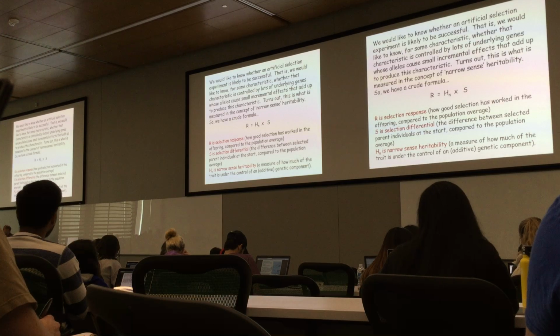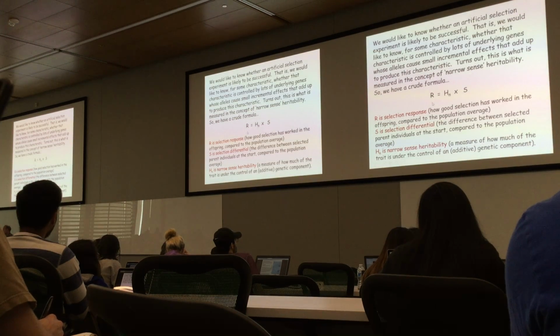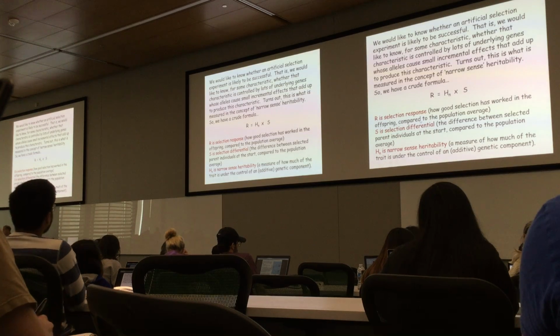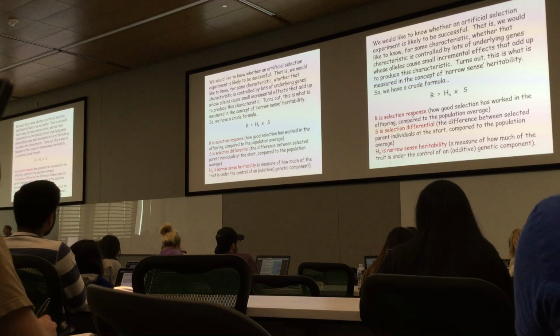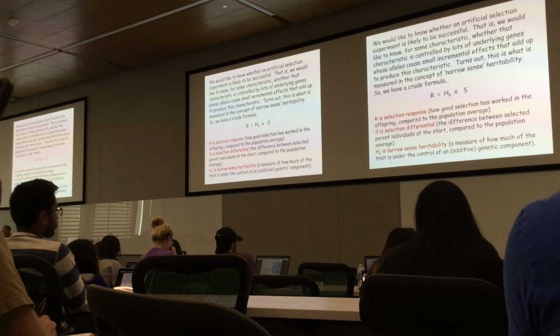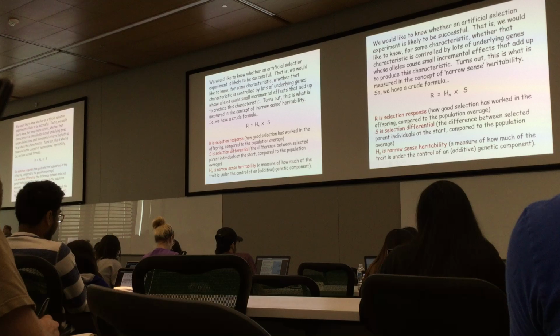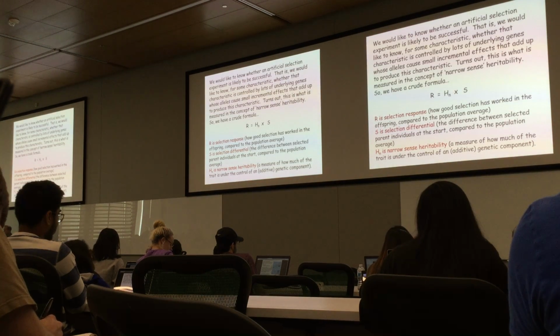We'll use this narrow sense heritability value to try to get an idea what is happening in an artificial selection experiment. And we have this simple equation that has these three terms. R is the selection response, which is how good selection worked in the offspring compared to the original population. So it either worked well or it didn't work well.